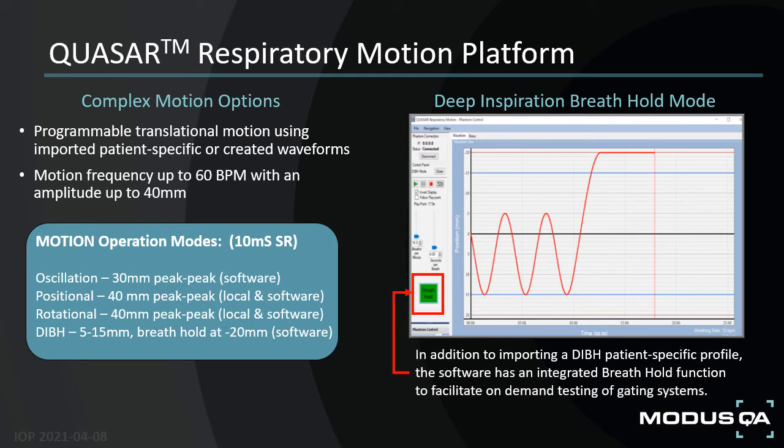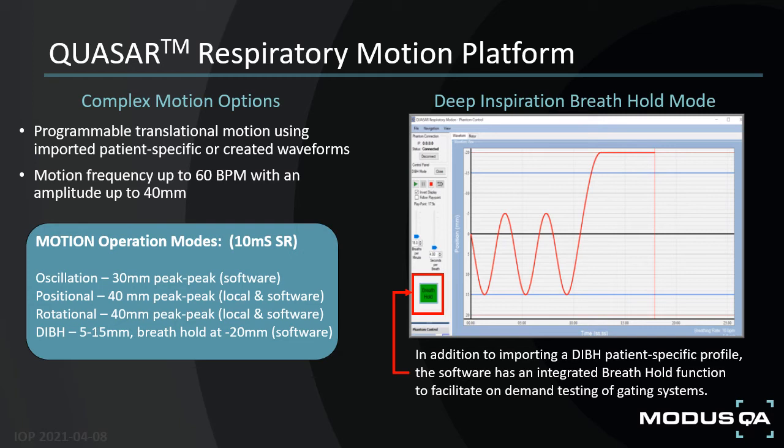In total, it's designed to move the cylindrical inserts in the anterior and posterior direction at user controllable speeds and amplitudes, with an upper limit of 60 beats per minute for its motion frequency, and a maximum waveform amplitude of up to 40 millimeters. The highlight of this motion simulator is that it can play back these waveforms with a very high degree of resolution at around 10 milliseconds, which basically means it's capable of repositioning the translational stage with its motor at almost 100 times per second.